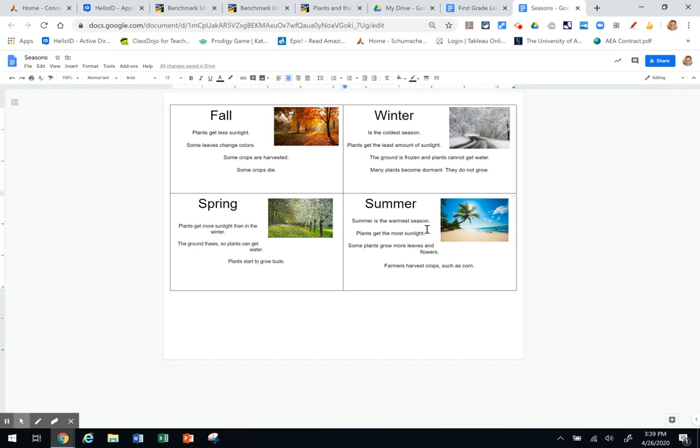Also, something that might be the same is that there's a lot of sunlight in both spring and summer. However, there's more sunlight in summer than in spring. And also, plants start growing in the spring and in the summer, okay? Whereas in the fall and the winter, the plants start to die. In the spring and in the summer, the plants start to grow, okay? All right.